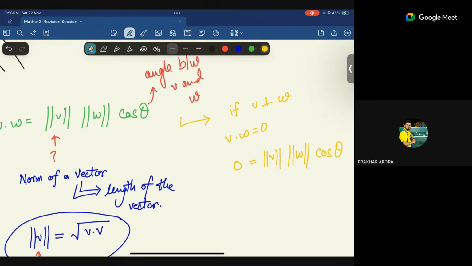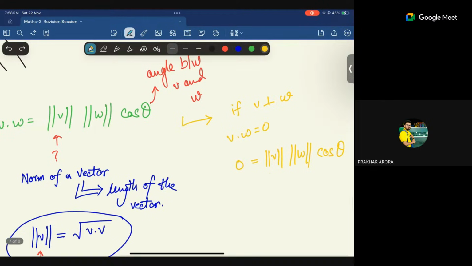Now here what we have is that the length of the vector can never be 0. Length can never be negative, length can never be 0. Only a point can have length 0, otherwise no other entity has length 0. So this is not 0 and this is not 0.